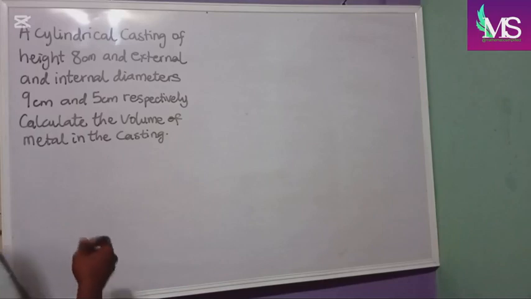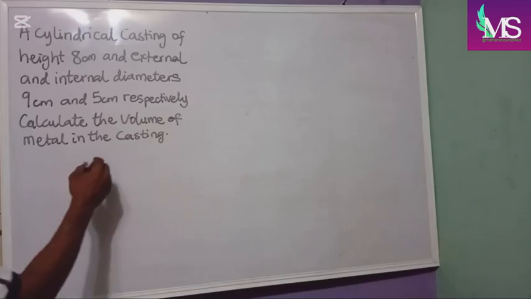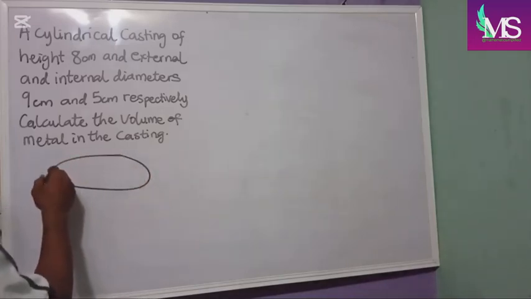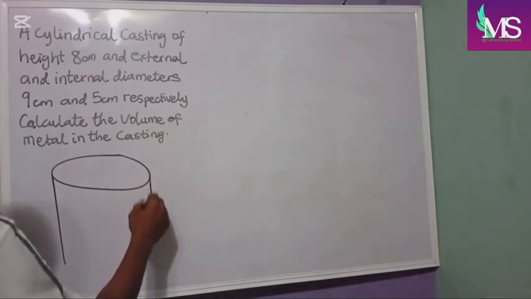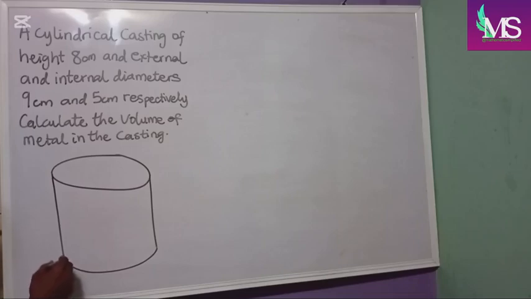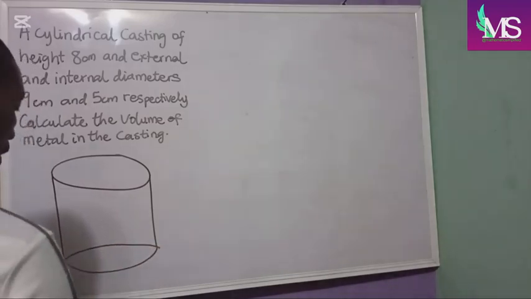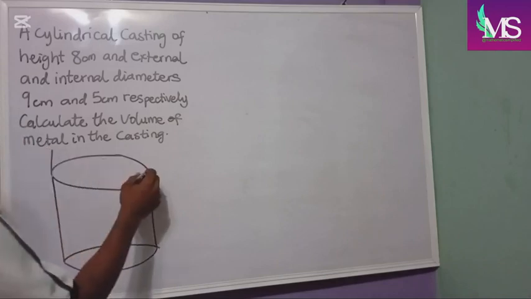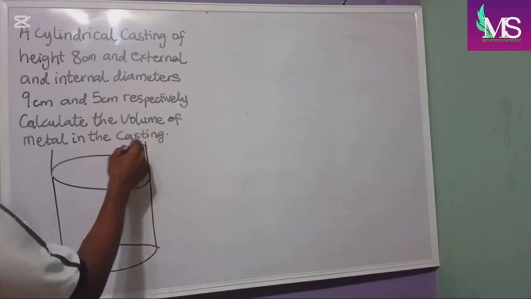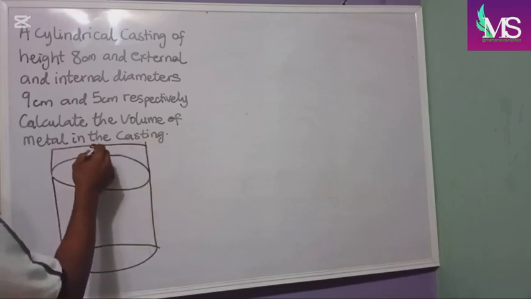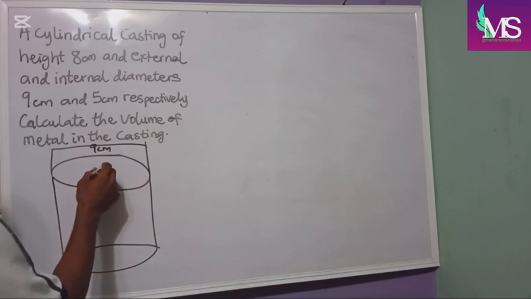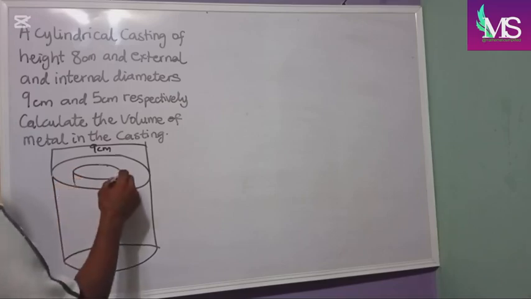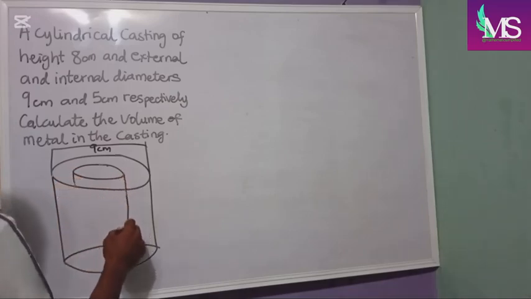Alright, in solving this, let's represent our cylindrical casting as this. It says its external diameter is 9 cm. And it has another smaller one inside this way.